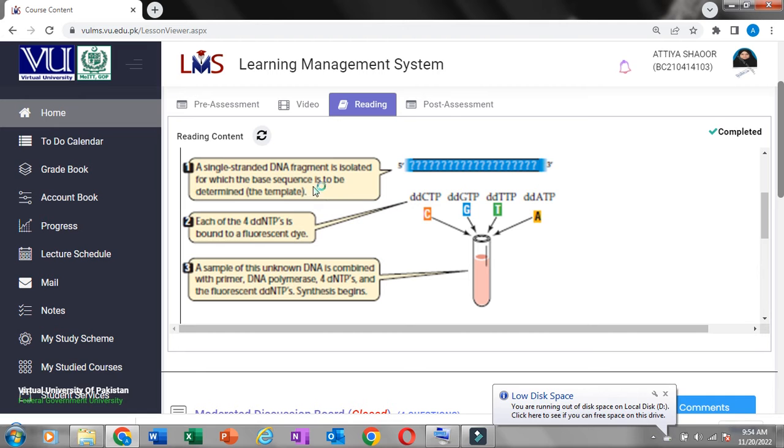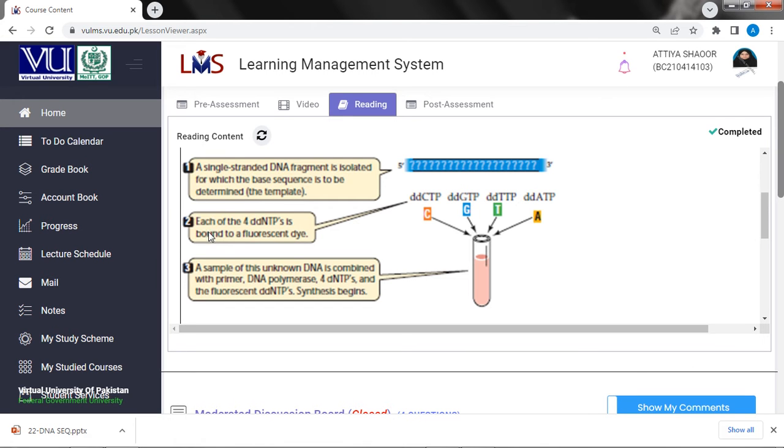A single stranded DNA fragment is isolated for which the base sequence is to be determined, the template. The four ddNTPs are bound to fluorescent dye.